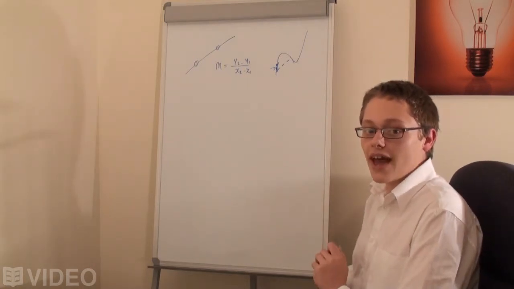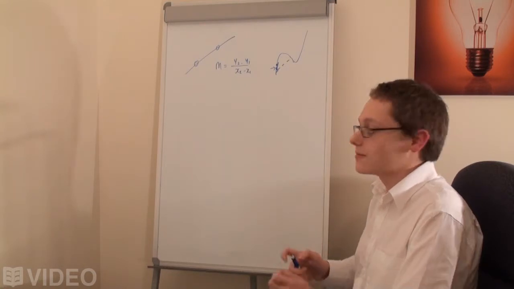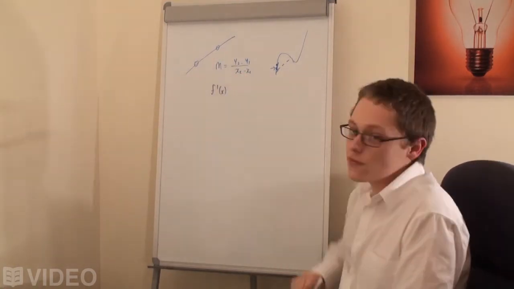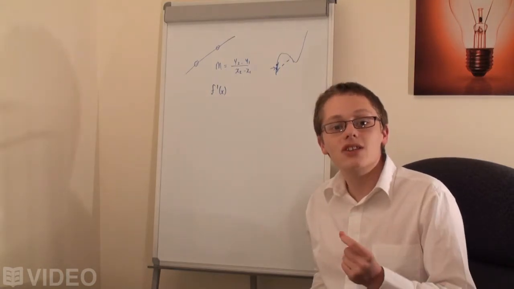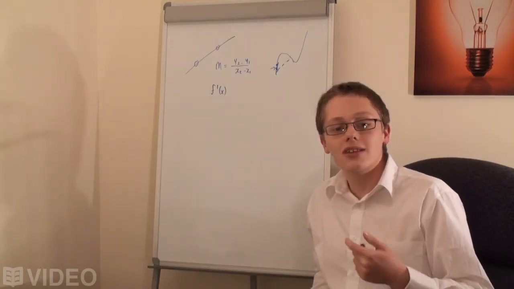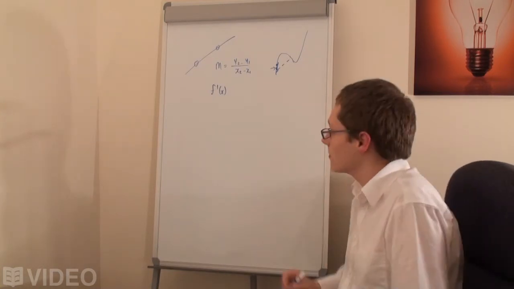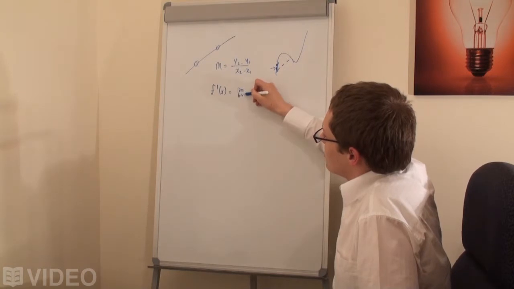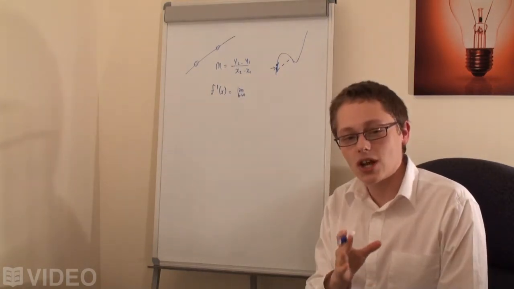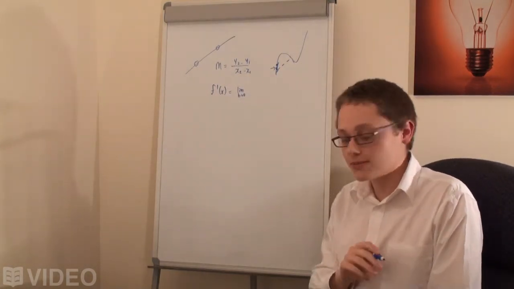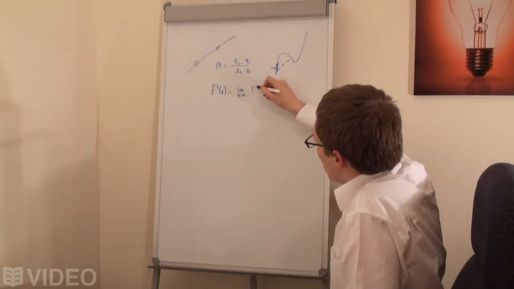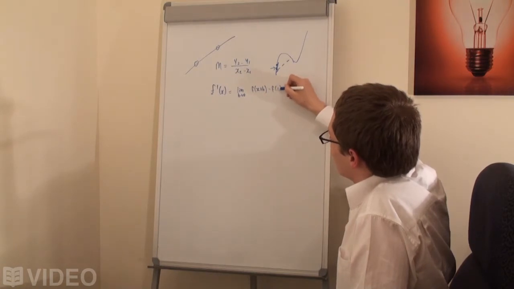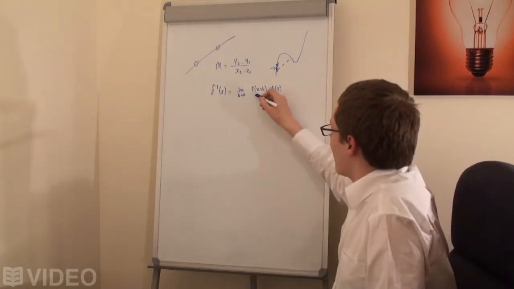So let's have a look at the first principles equation. The f prime of x, which we know from our first video, just means the derivative of a function, the slope function of a function, equals the limit as h approaches 0, something I'll just touch up on in a second because that's probably new, of f of x plus h, take f of x, all divided by h.